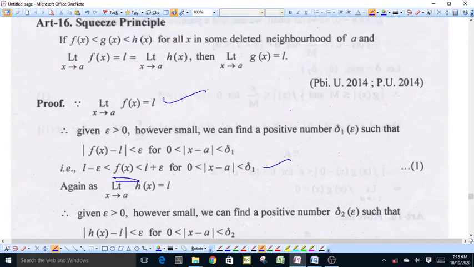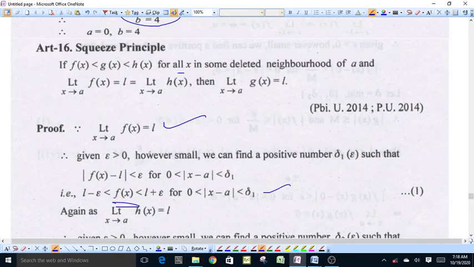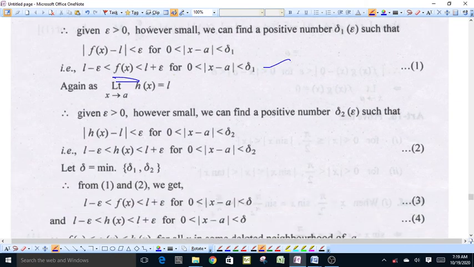Again, we are given that the limit of the function h(x) as x approaches a is also equal to L. From the delta epsilon definition of the limit, this means |h(x) minus L| becomes less than epsilon.